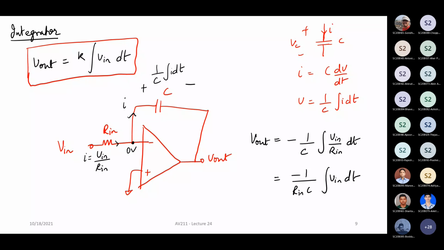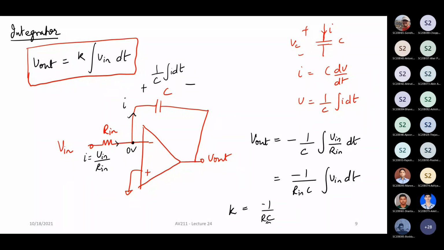Okay. Now, comparing this equation here, basically you are getting a k of minus 1 by R in C. Now, if you want positive integration, all you need to do is flip the sign of your input, either by preceding this with an inverting amplifier, or after this, you can put an inverting amplifier.